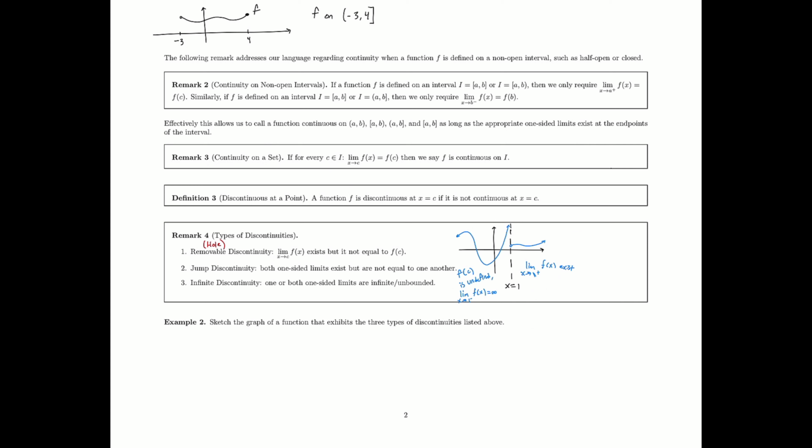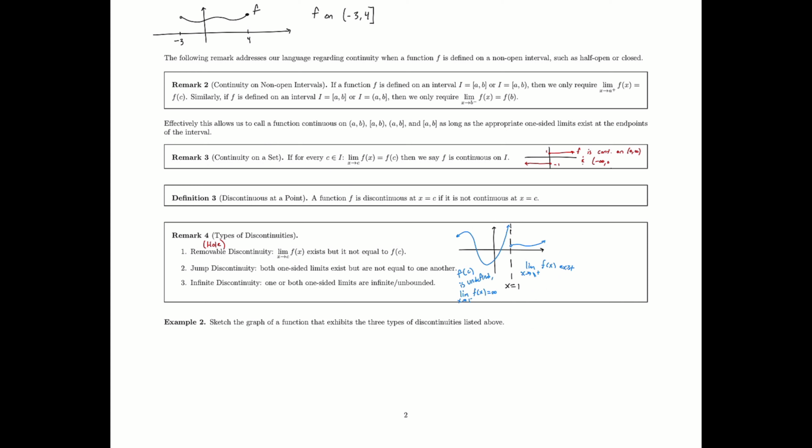So for instance, let's take a look at this graph here, which has value -1, and then it jumps up, and it has value +1. Let's call that f. So we could say that f is continuous on 0 to infinity and on -infinity to 0.